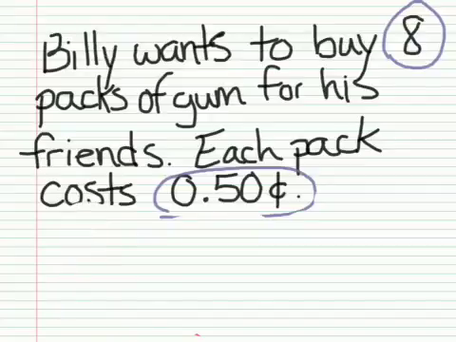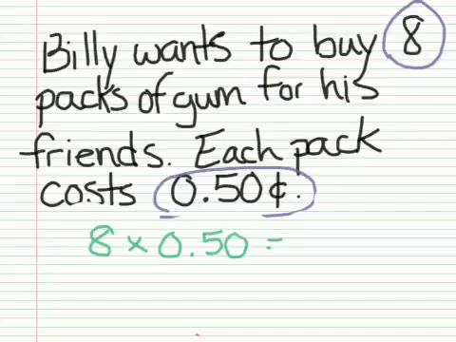So, if we have 8 packs of gum that cost 50 cents a piece, we know that 8 times 5 is going to give us 40.